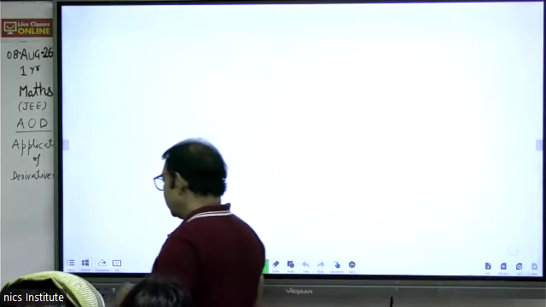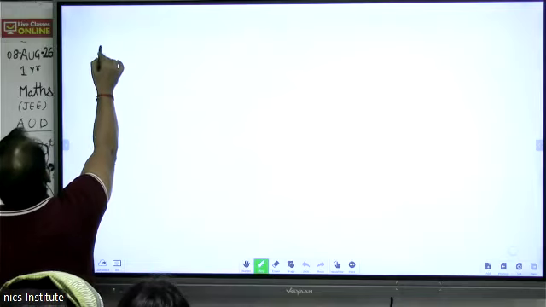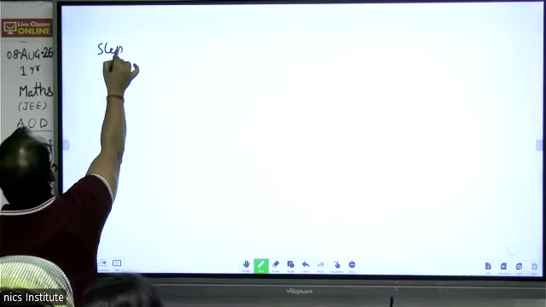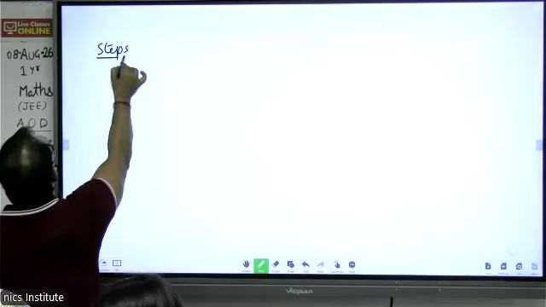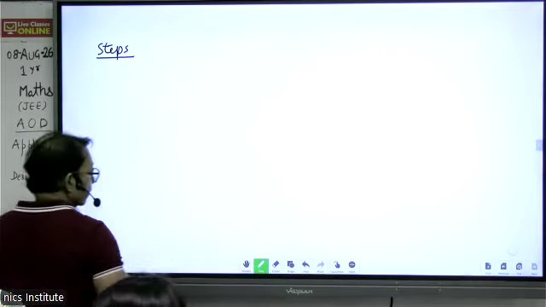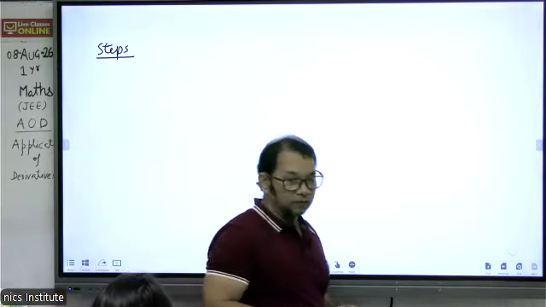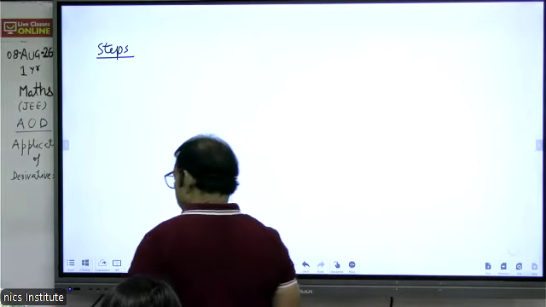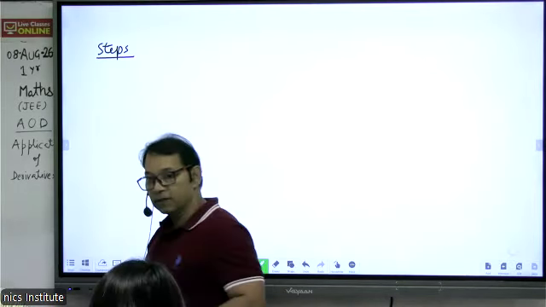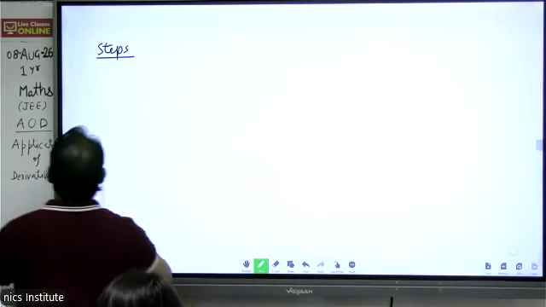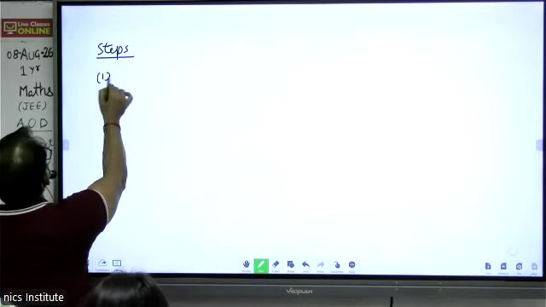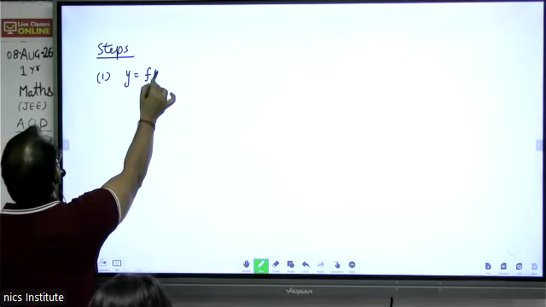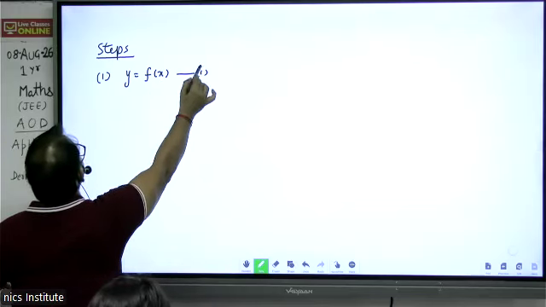Right. Now the question is, if a function is given to you and the question is to find the intervals in which the function is increasing or decreasing, what are the steps? So first you write the function, equation number one.